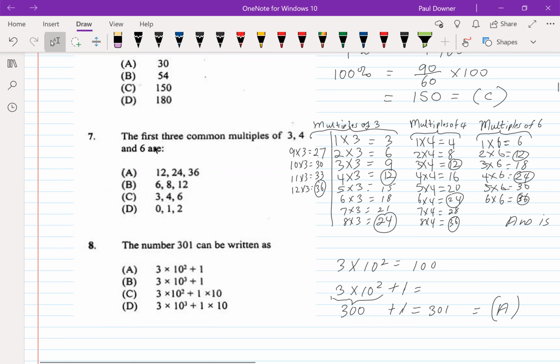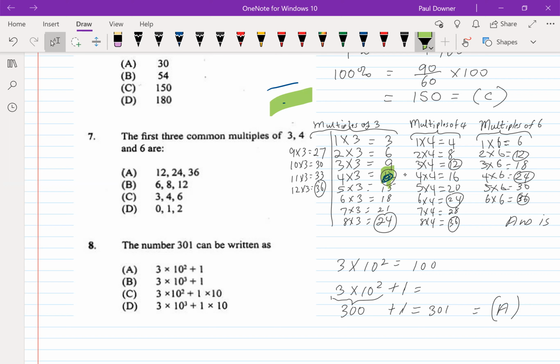So what they're asking us for is the first 3 common multiples. So let's see where we find common multiples, right? 4 times 3 is 12, so that's 1.